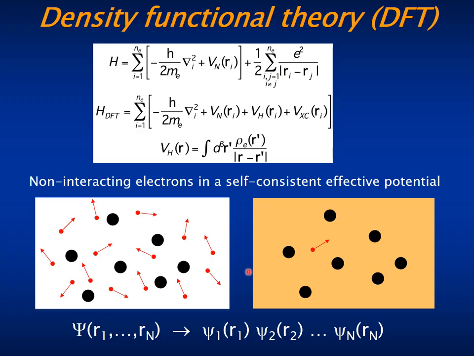What this allows is to decouple the motions of the different particles and to replace the n-electron problem by a one-electron problem, which in turn allows us to write the n-electron wave function as a product of one-electron wave functions.